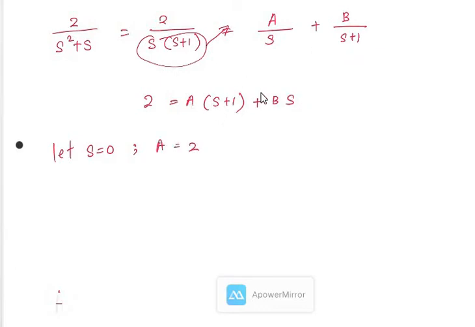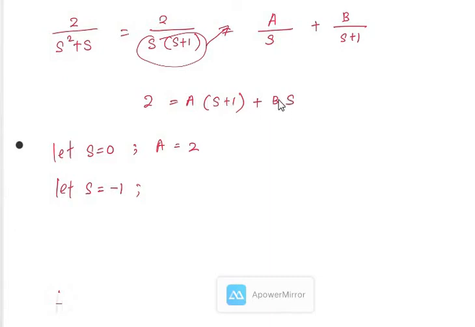Assume s equal to 0, so I get 0 here, and I get A equal to 2. Then I assume s is equal to minus 1. Then what is the B? S equal to minus 1, so this one will cancel out.